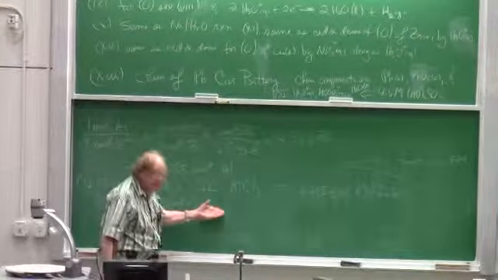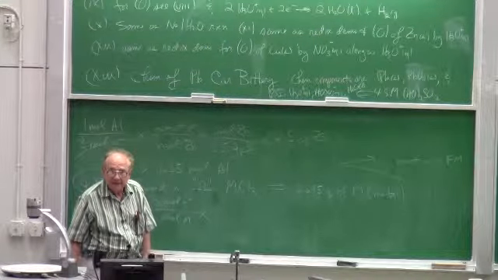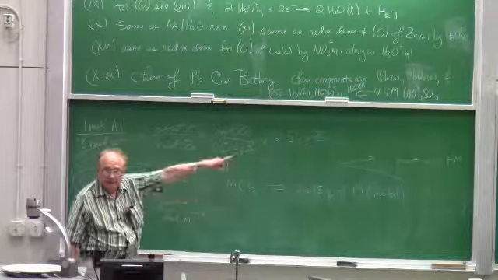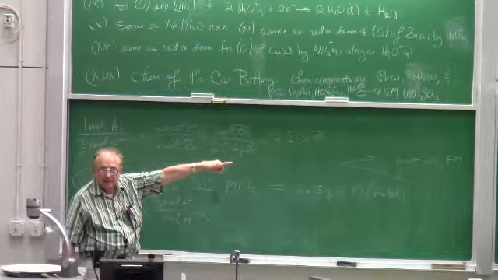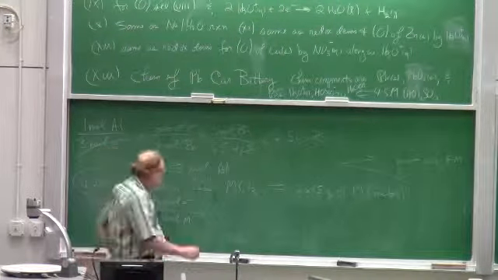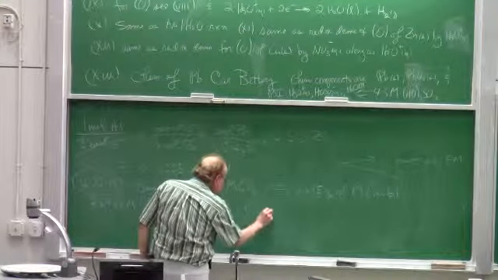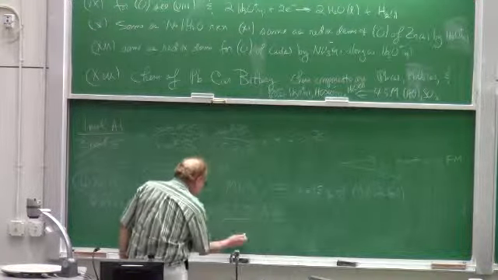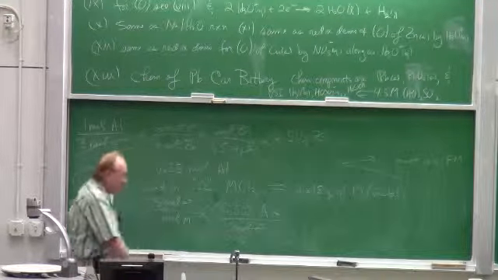Do I want the Faraday as written, or inverted? 96,500 coulombs per mole of electrons, right? Good. And a coulomb is an amp second, so I'll write that straight away. And there goes moles of electrons.